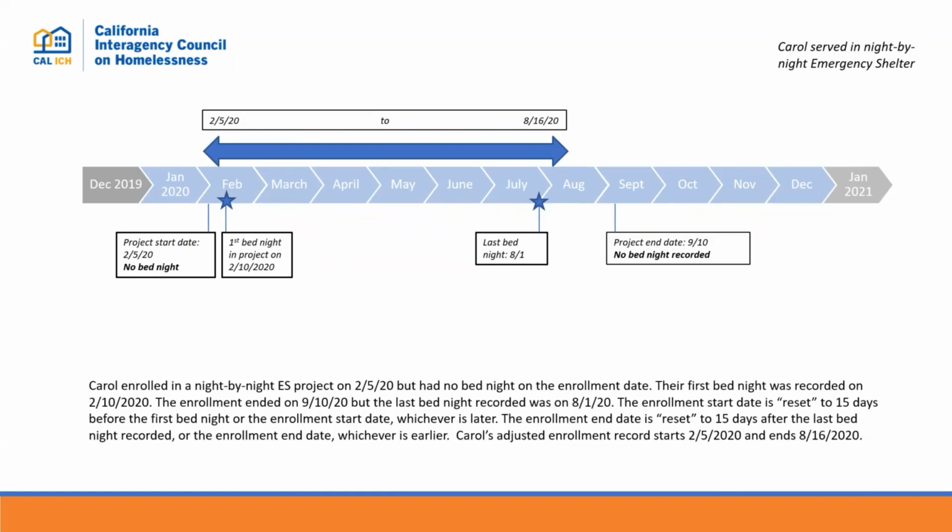The project start date is reset to 15 days before the first bed night or the project start date, whichever is later. The enrollment end date is reset to 15 days after the last bed night recorded, or the enrollment end date, whichever is earlier. Carol's adjusted enrollment record starts February 5th, 2020, and ends on August 16th, 2020.